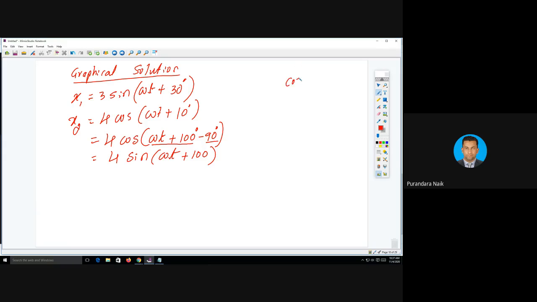The cos omega t plus 10 degree is the same as sine omega t plus 100, right?